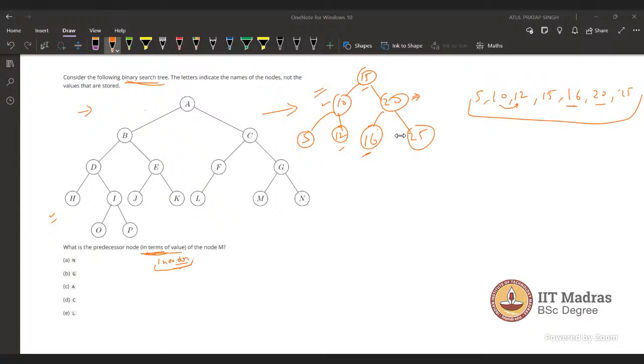Okay, so for this question, you have to just write the in-order traversal for the tree.